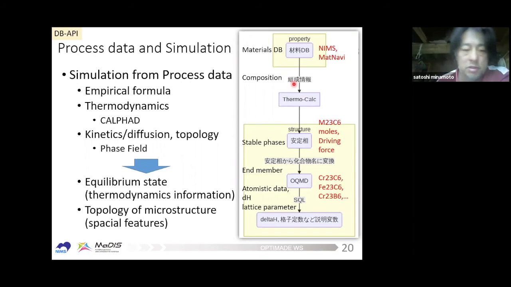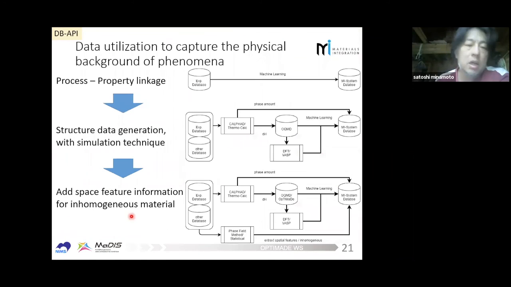However, instead of the equilibrium state, we need, of course, the topological information. So now this is the second stage. The first stage is the very early database, the process-property linkage, so the experimental database is related to the performance data by machine learning.